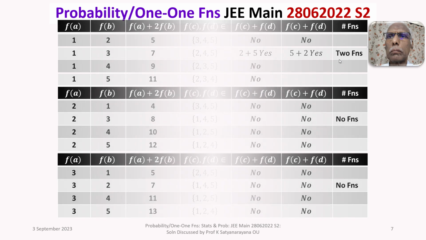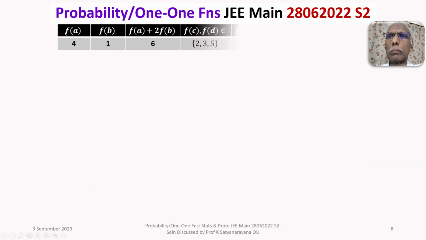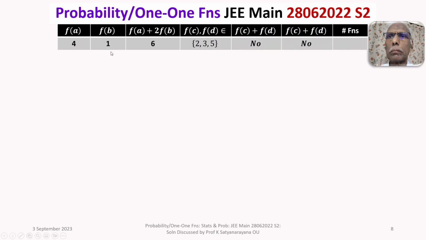So let's get into the next one. The next one is F of A is 4, F of B is 1. Then F of A plus 2 times F of B is 6. F of C, F of D can be 2, 3, 5. Can 6 be written as a sum of any two numbers from 2, 3, 5?